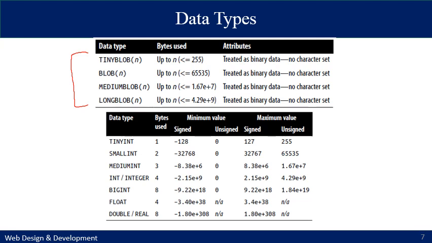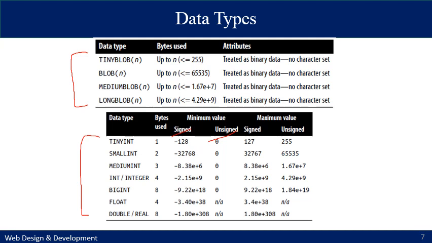Numbers are stored using integers and floating or double values. There are two types of numbers, signed and unsigned. The smallest integer type is tiny int. If you want to store bigger numbers, you can use small int, medium int, int, or big int.